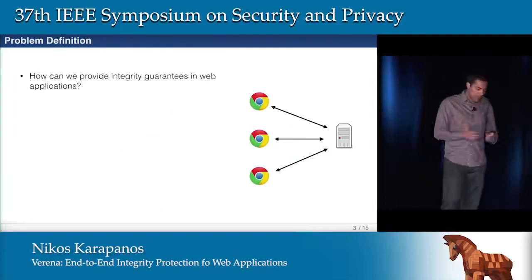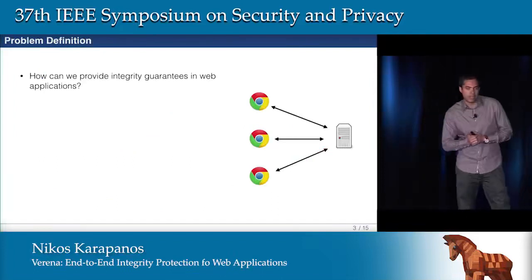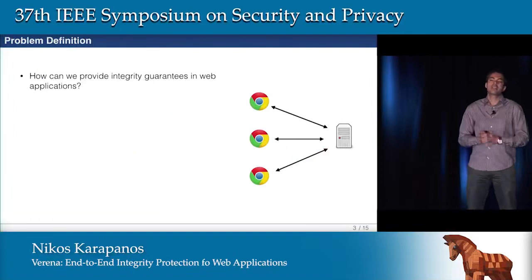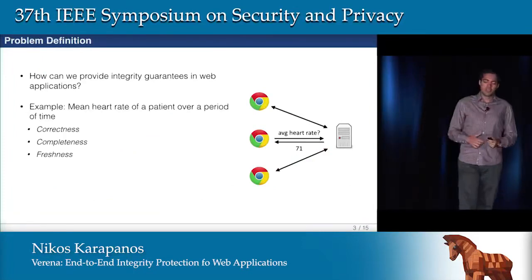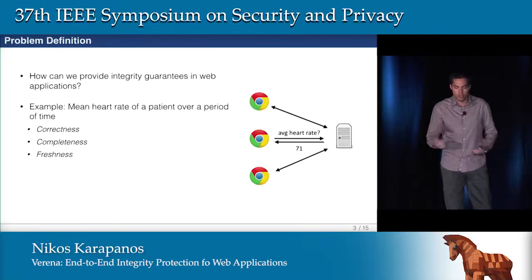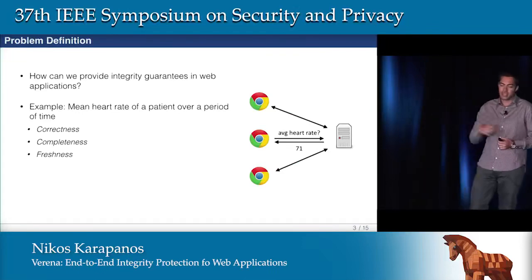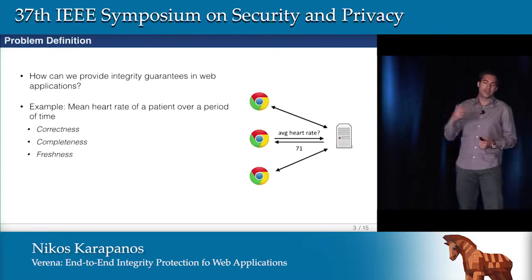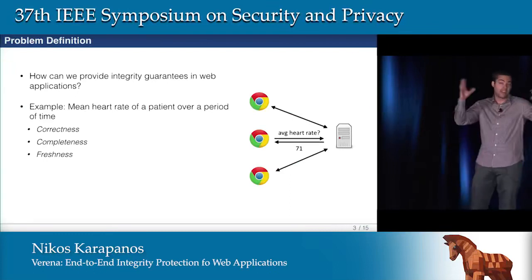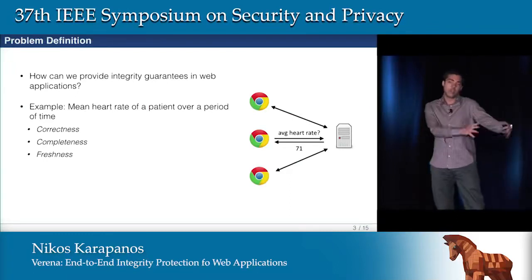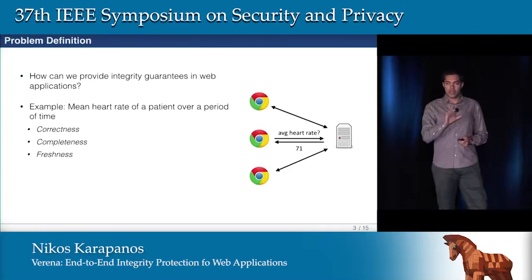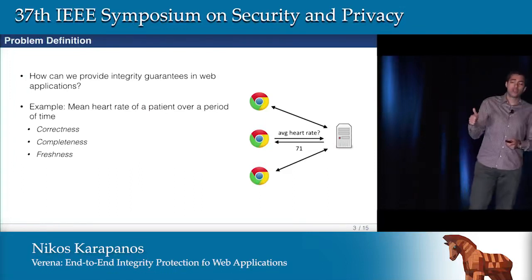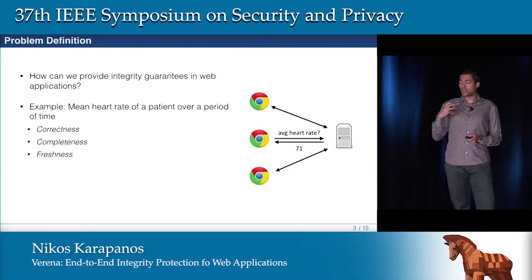So the problem at hand is how can we integrity protect and provide integrity guarantees to web applications. Just to be a bit more specific, imagine that we have this doctor that accesses the web interface and wants to see the heart rate of a patient over time, or the average heart rate of a patient over a period of time. There are a few properties that we need to make sure hold. First of all, we need to make sure that the result, what the doctor sees, is correct.